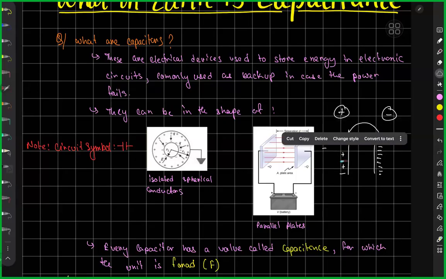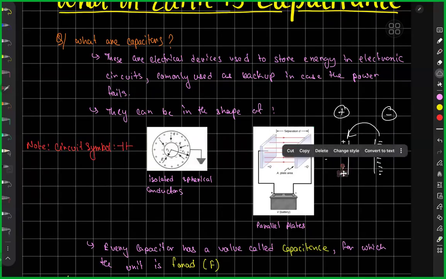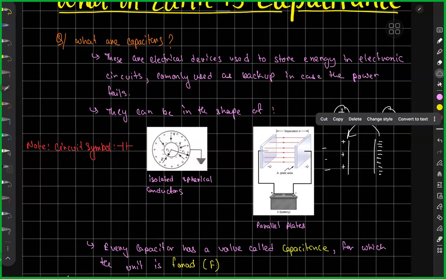Because it gets repelled by all the negative charge on this plate. So that is how we create a positive charge over here. It's insulated, so charges can't flow directly. It's air over here, or vacuum. So the charges can't move inside. The negative charge accumulates over here and induces a positive charge over here.